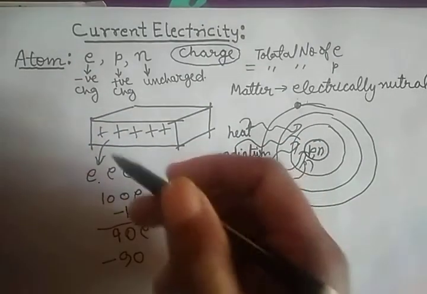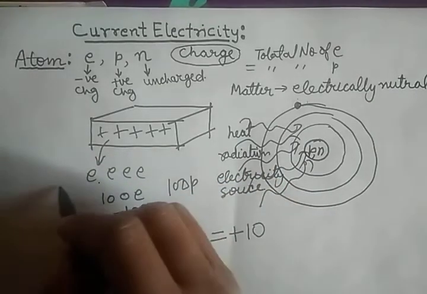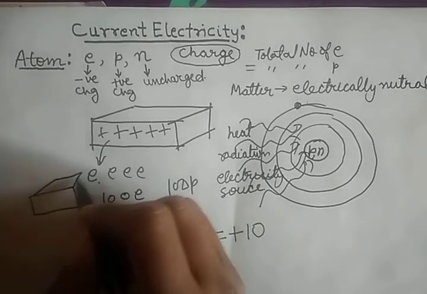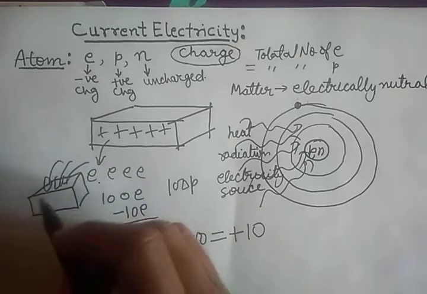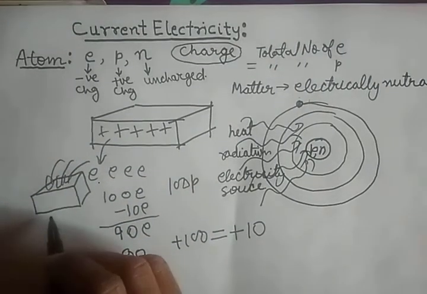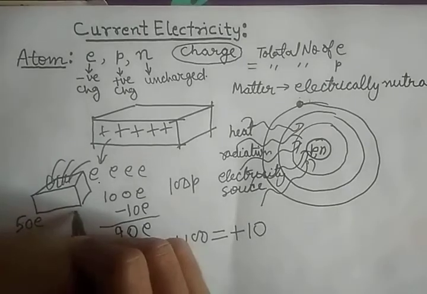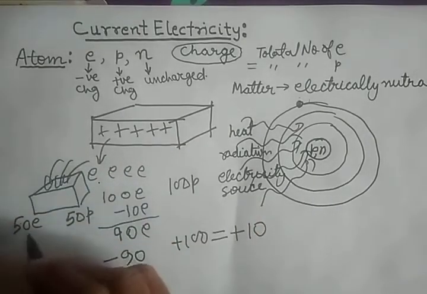In the same way, where are these electrons going? If there is another object and these electrons get transferred into that object, and let us suppose that object earlier has 50 electrons, so also 50 protons. Now 10 electrons more are there.